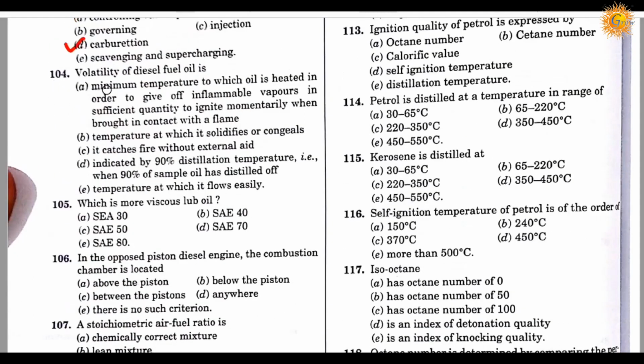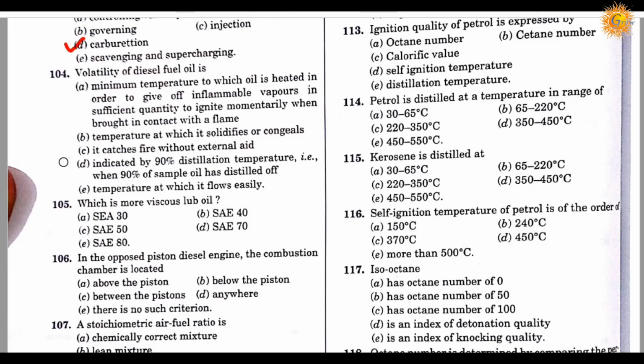Question number 104. Volatility of diesel fuel oil is: option A, minimum temperature to which oil is heated in order to give off inflammable vapor in sufficient quantity to ignite momentarily when brought in contact with a flame; option B, temperature at which it solidifies or congeals; option C, it catches fire without external aid; option D, indicated by 90% distillation temperature, that is, when 90% of a sample oil is distilled off; option E, temperature at which it flows easily.